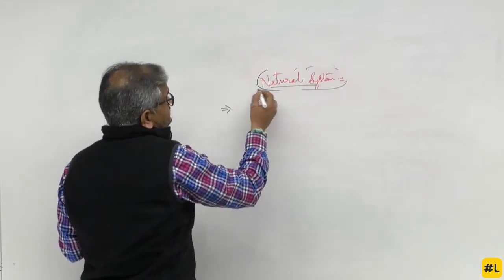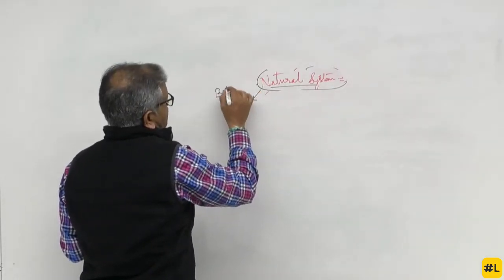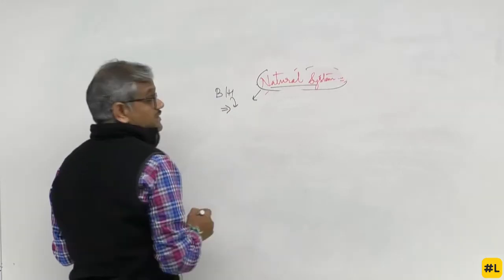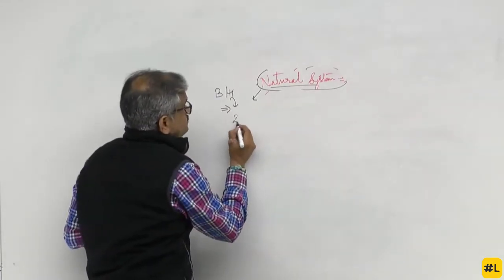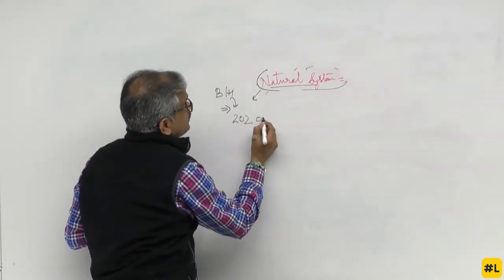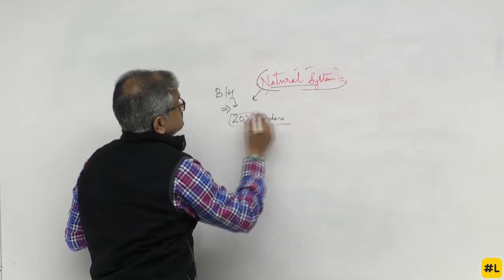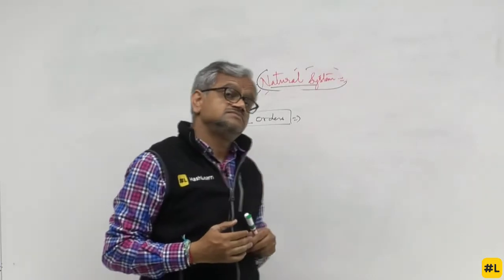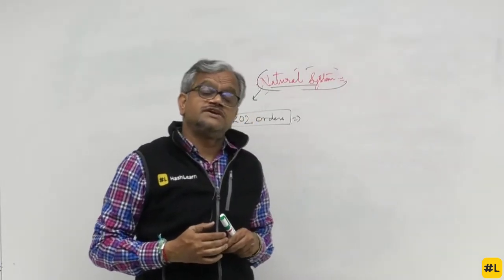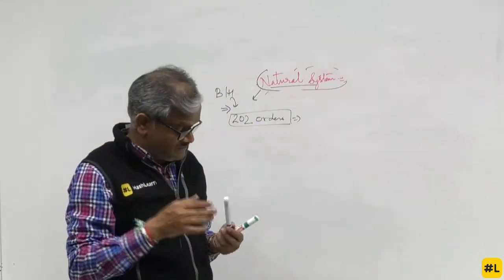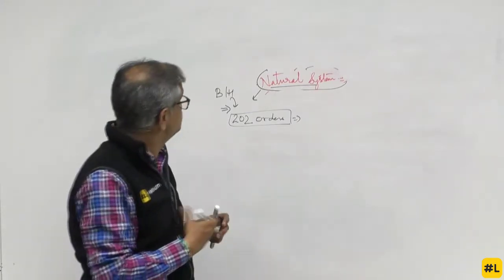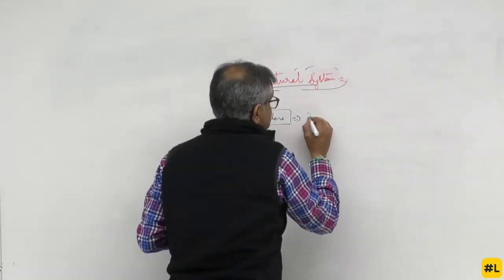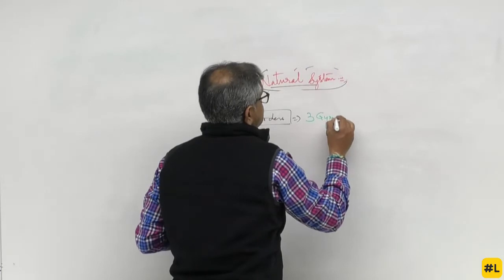And this natural system of classification by Bentham and Hooker gave a total of 202 orders. Think it over, 202 orders. And the unique thing was, out of 202 orders, 3 orders were of gymnosperms.